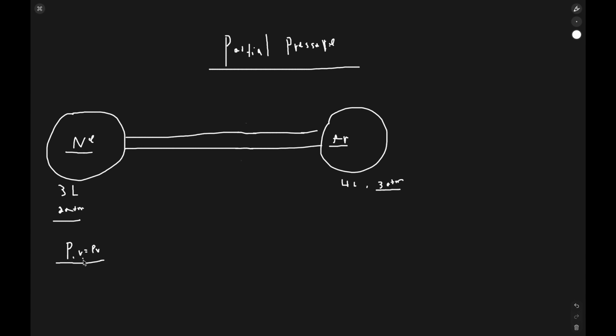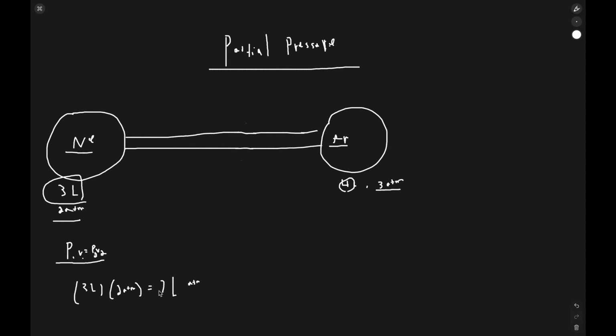Your initials are 3 liters, 2 atmosphere of neon. And you're asked to calculate the partial pressure, which is P2. Now, V2 is just a combination of the two gases, so 3 plus 4 makes 7 liters.